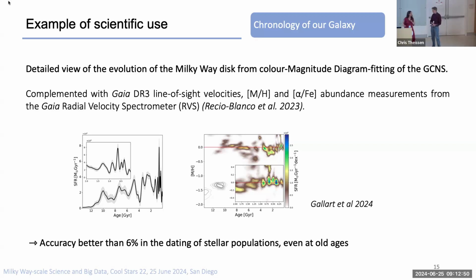In the white dwarf community, they're working on expanding the sample to larger distances. Any plans to move to like 25 parsecs? For the white dwarf? No. No, I mean for the 10 parsec sample that's complete.